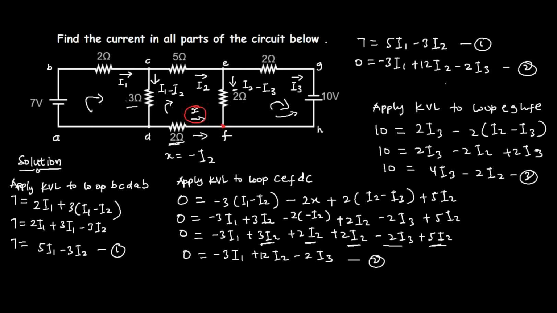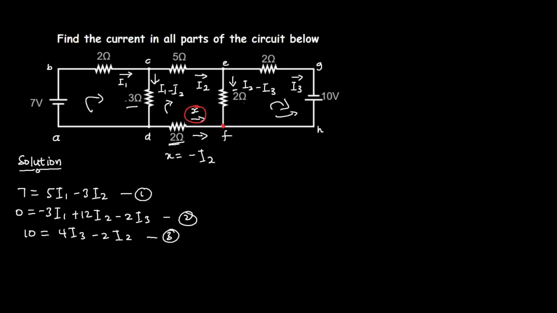Equation 2. Then we have them to be equal to 4I3 minus 2I2, which is equal to what? Equation 3. Okay, so now we have these 3 equations. Okay, so we are going to solve them simultaneously.